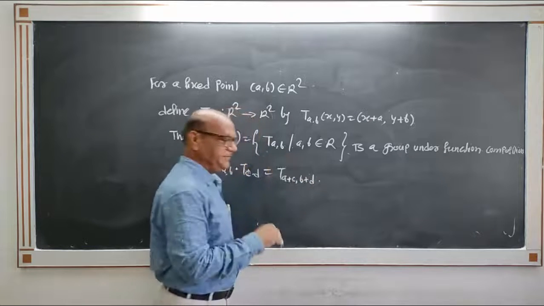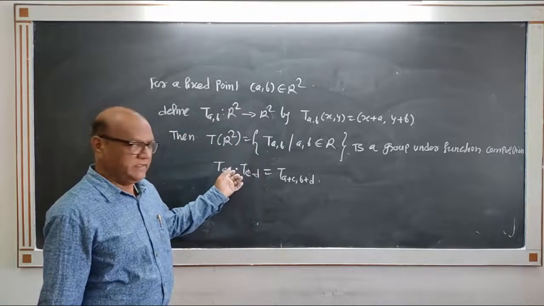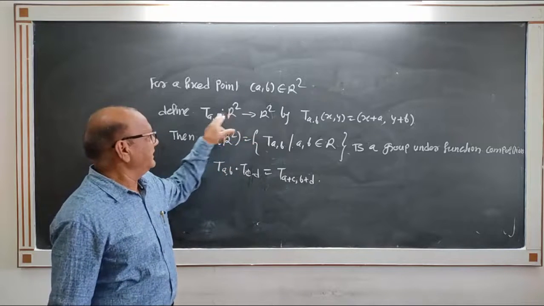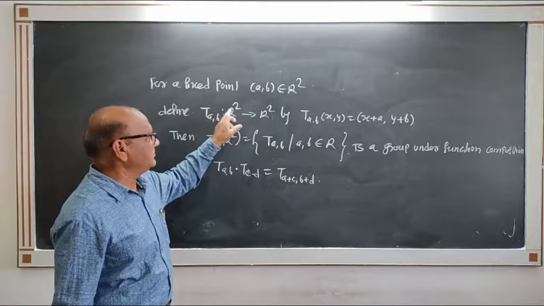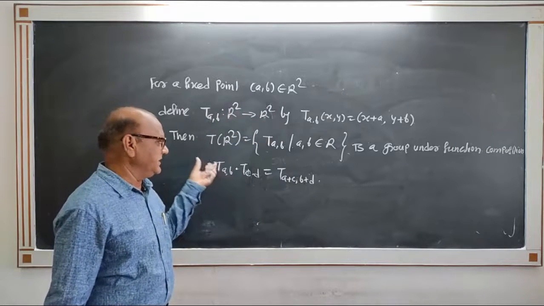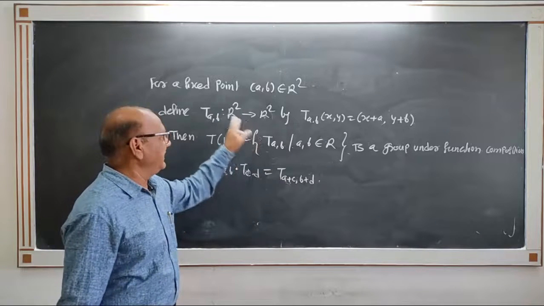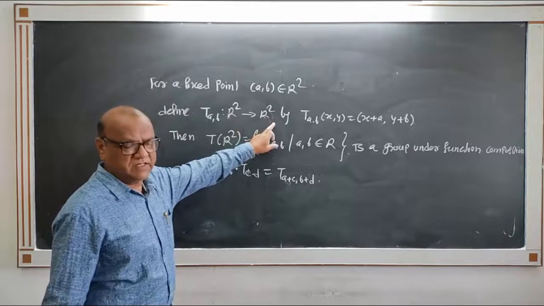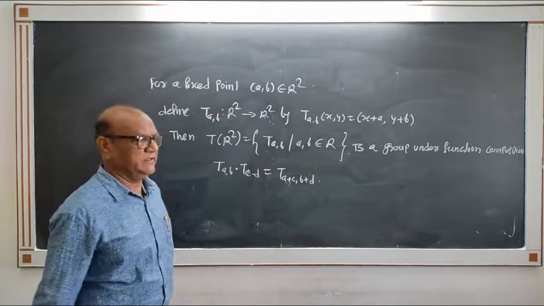Each function is from R square to R square, and the composition of these two is again from R square to R square. That means the closure property is satisfied.